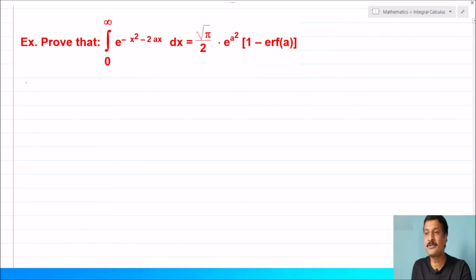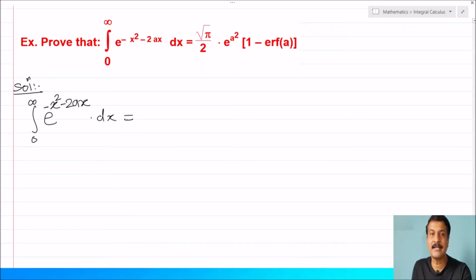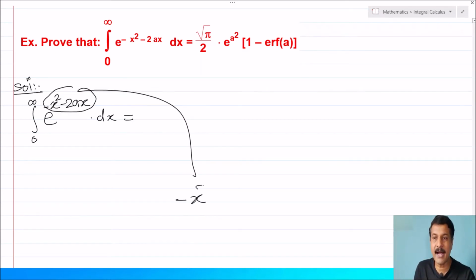So that is why the solution is integration from 0 to infinity e raised to minus x square minus 2ax into dx, that is equal to, so I want a perfect square of this. So if we consider this, minus x square minus 2ax, what should be the third term?